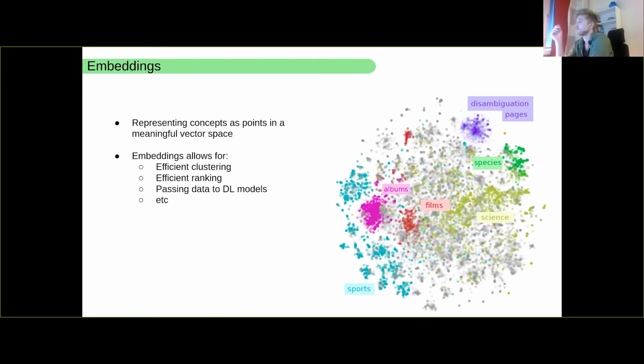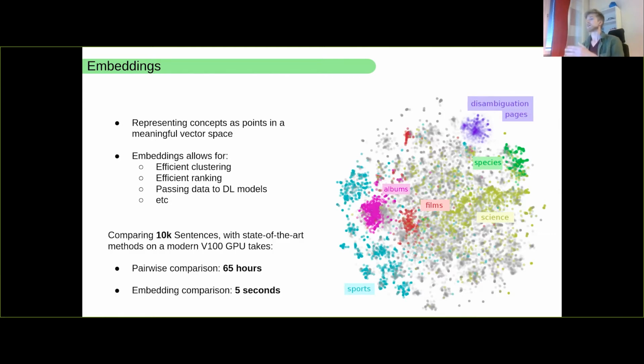Just as an example, if we were to take sentences from, let's say, Reddit, and try to rank them by comparing them through some sort of similarity measure, like if we take 10,000 of these sentences and use the state-of-the-art method to pairwise compare them, it's going to take roughly 65 GPU hours with a top-notch GPU.